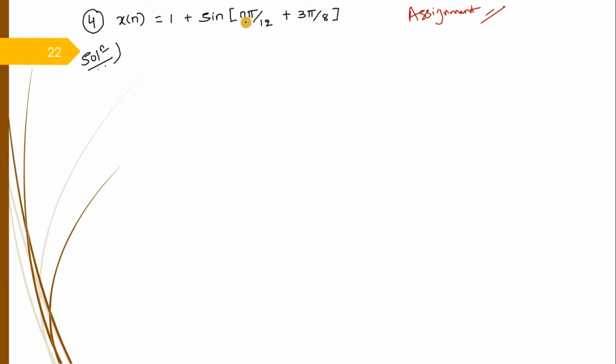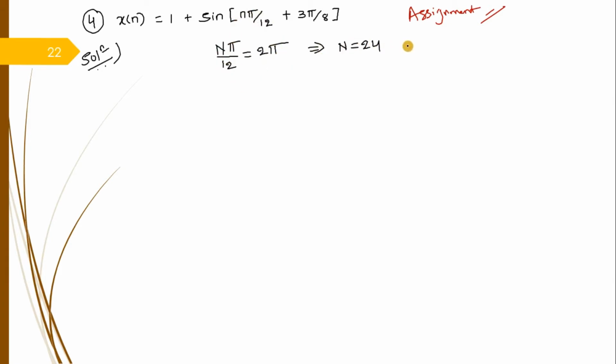I have n here. In place of n, I substitute n plus capital N. So I get capital N pi by 12, which should be equated with 2 pi. This would give me N equal to 24. Pi and pi cancel, 12 twos are 24.